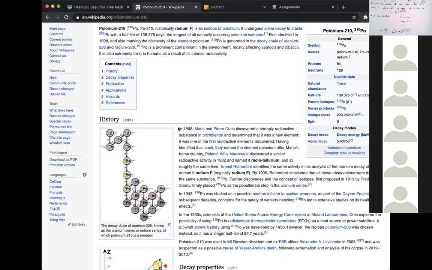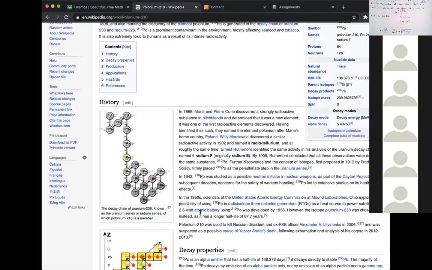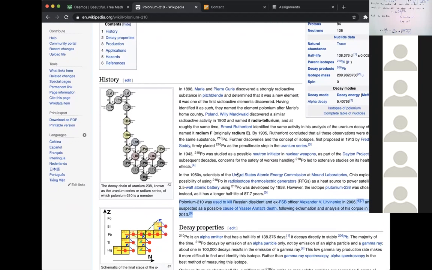Polonium 210 was identified by Marie and Pierre Curie over 100 years ago. And this particular element has, what would you call this, a sordid recent history. If you look at that highlighted text there, there's been a couple cases, at least one in recent history, where this element has been used to poison people.